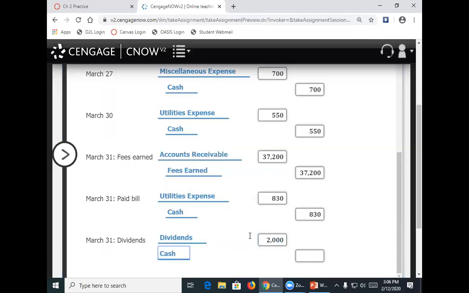I paid dividends. And remember, dividends are just shares of profit that we're sharing with our stockholders. So we decided we had a profitable year, and we want to share some of that profit with our shareholders. So we pay them out dividends. Dividends decrease equity with a debit to dividends, and then cash is decreasing with the credit.